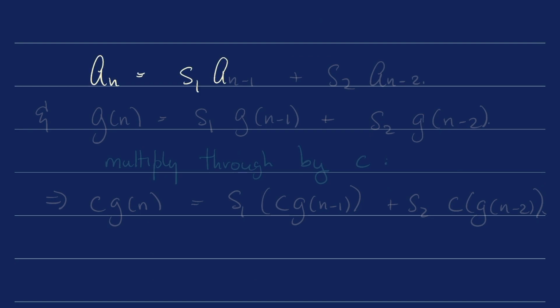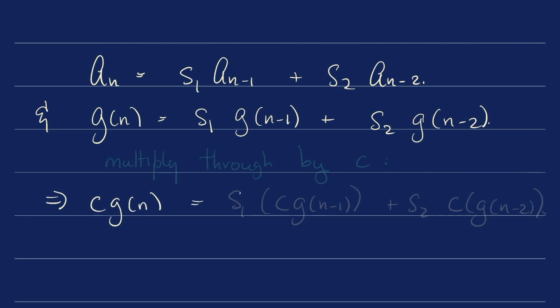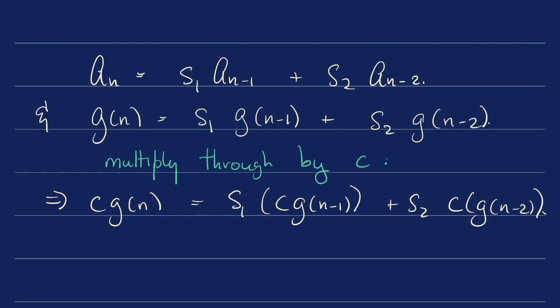So if a_n is equal to s_1 times a_(n-1) plus s_2 times a_(n-2), and g(n) is the solution for that, then g(n) is also equal to s_1 times g applied to n minus 1 plus s_2 times g applied to n minus 2. Then if we multiply through, we get the equation that shows that c times g(n) also fulfills this recurrence relation.